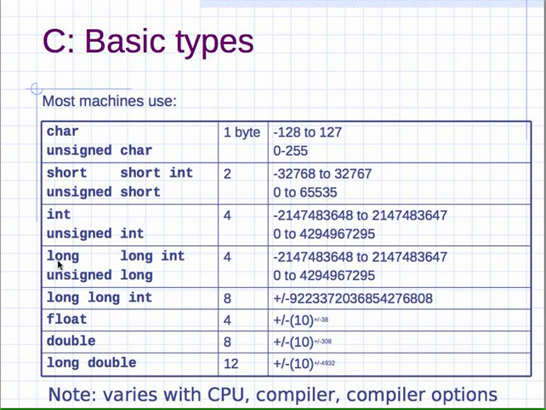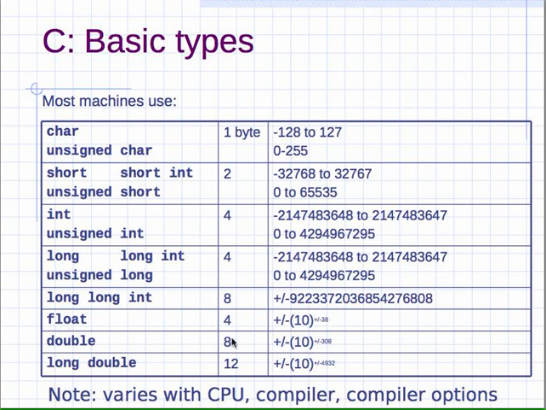In Java, a long is 8 bytes. To get an 8-byte integer in C, you have to use long int. And that is 8 bytes, and that goes roughly between plus and minus this huge number, which I cannot remember exactly how big that is.